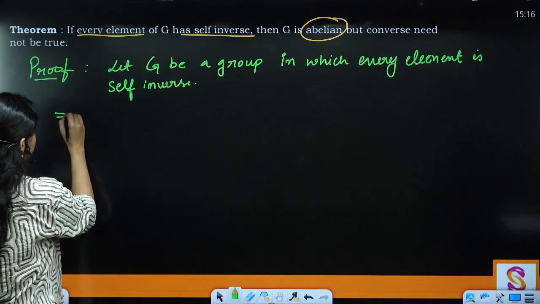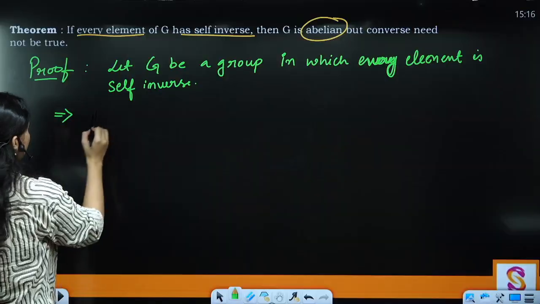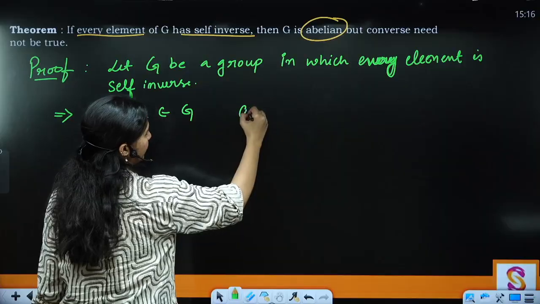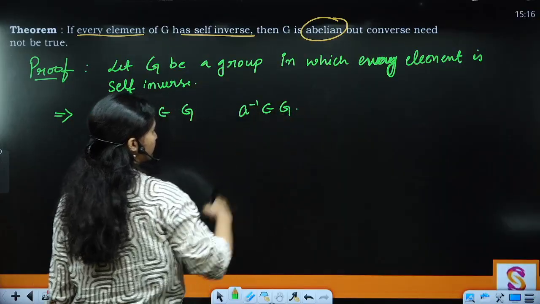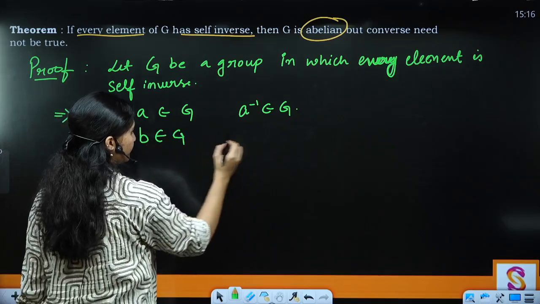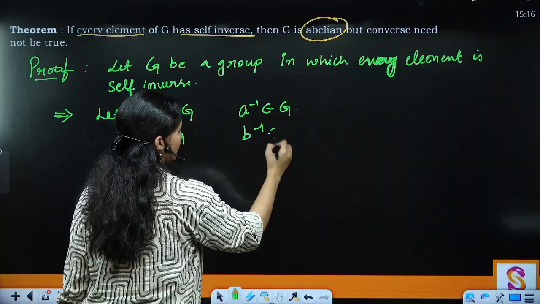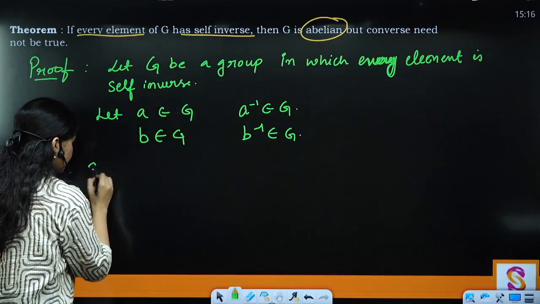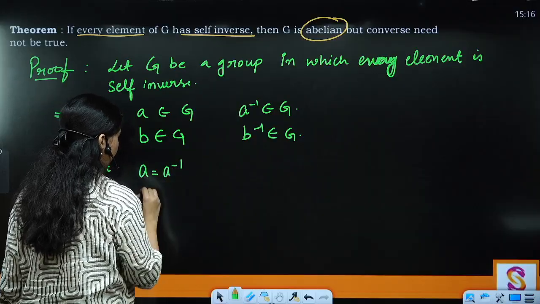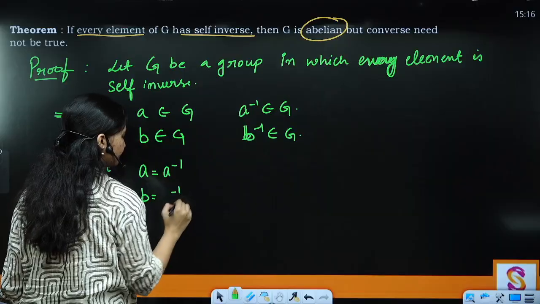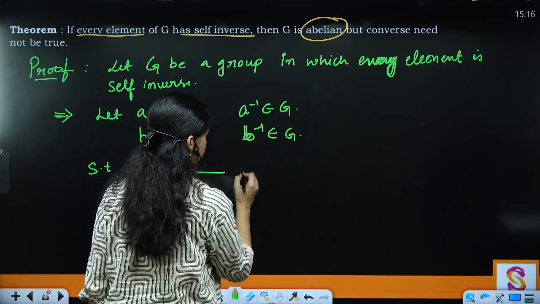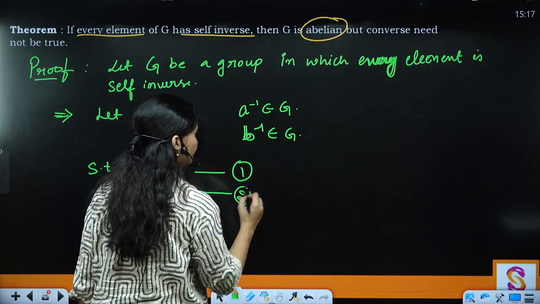So this implies that, let A belong to G, then A inverse also belongs to G since G is a group, right? Also B belongs to G and B inverse also belongs to G, such that A equals A inverse and B equals B inverse, right? Any problem in this? No. So let's name these equations as 1 and 2, right?